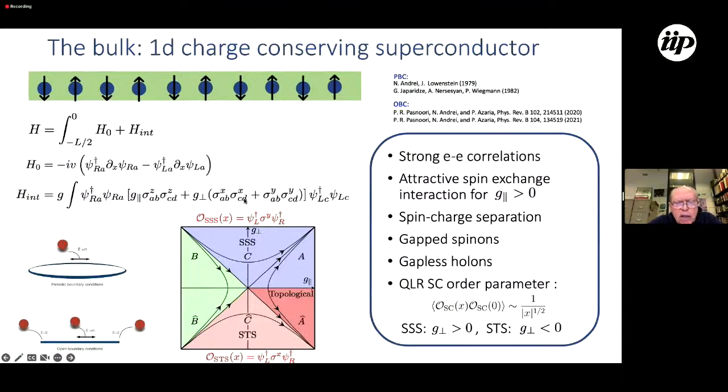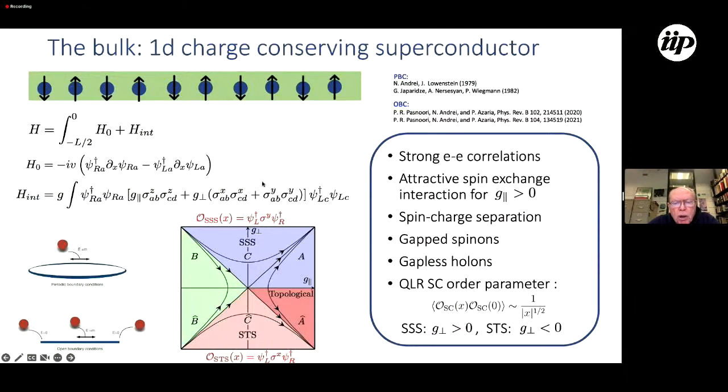And here is the interaction, so you see we have psi dagger right, psi dagger left, and they interact and open a gap. This is a superconducting gap, but now it's generated by the interaction themselves, while before we put it in by hand when we talked about the superconductor.